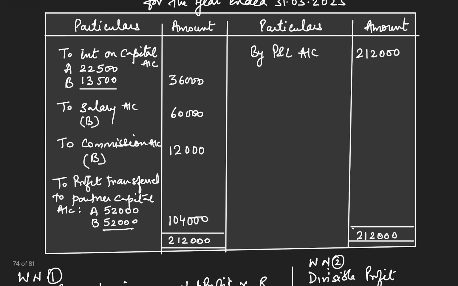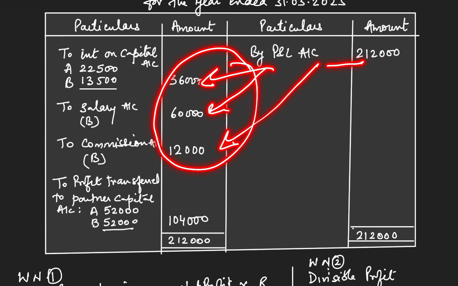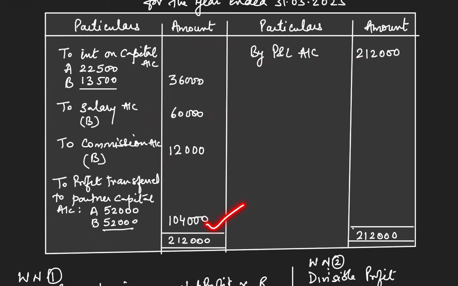So both the partners are getting equal profits, right? Now let me summarize. Here profit is being transferred and the benefits given to the partners out of this. After subtracting these three benefits, we get the divisible profit of 1,04,000, which is being divided in equal ratio between A and B.